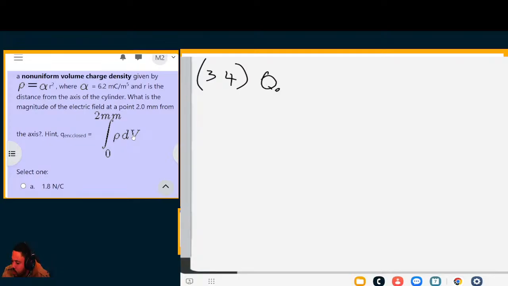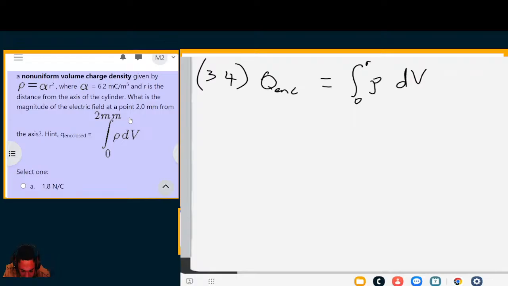We are told that the charge enclosed is equal to the integral from 0 to 2 millimeters, 0 to r basically, let's say 0 to r, of rho dV.